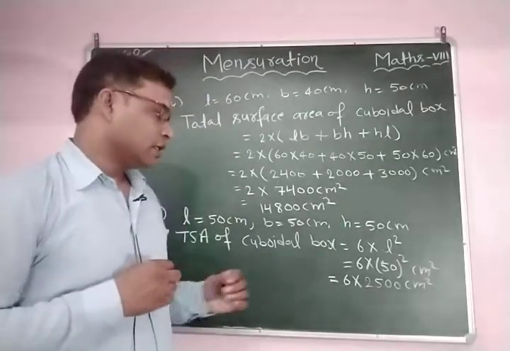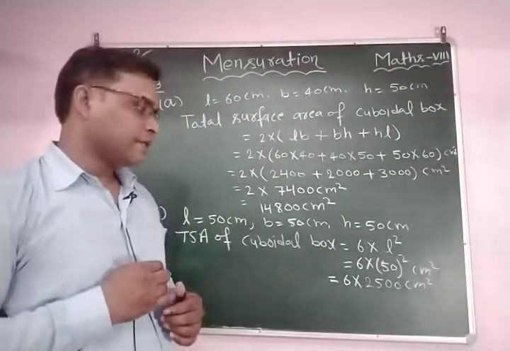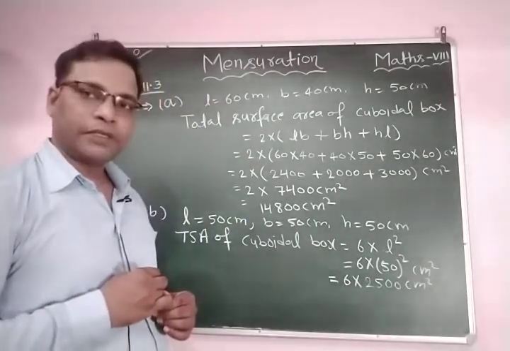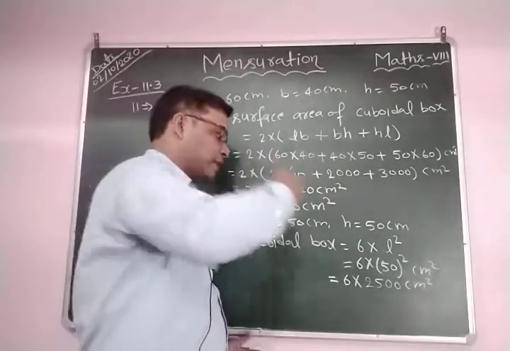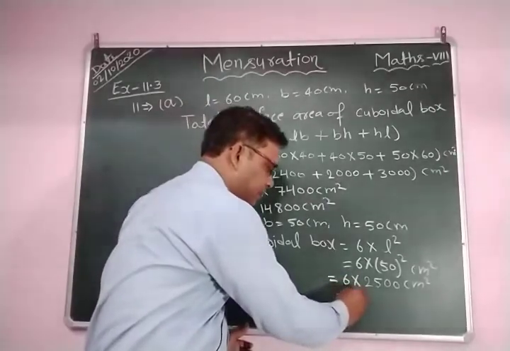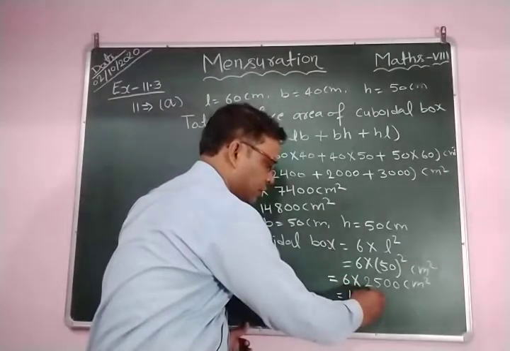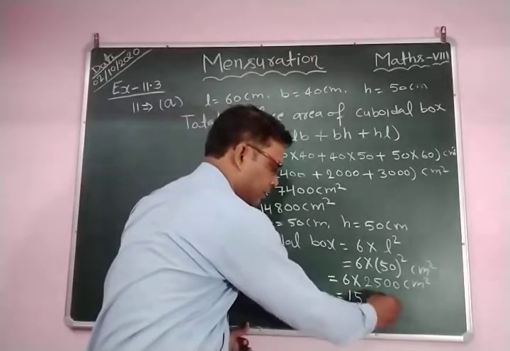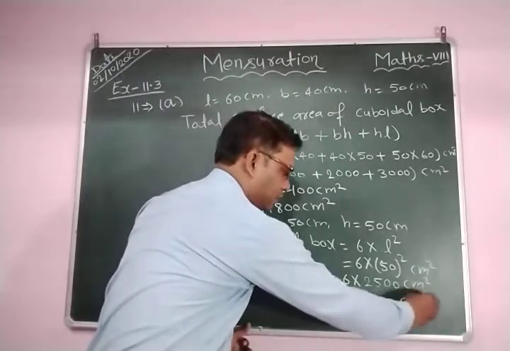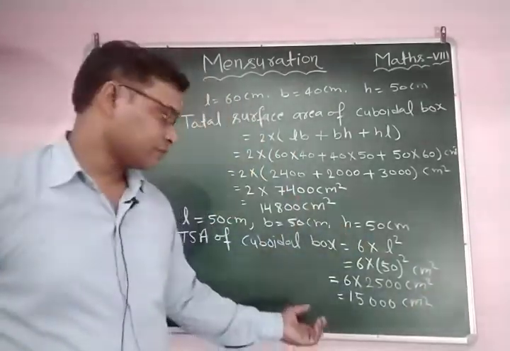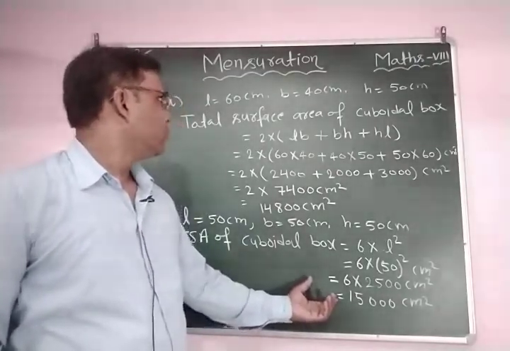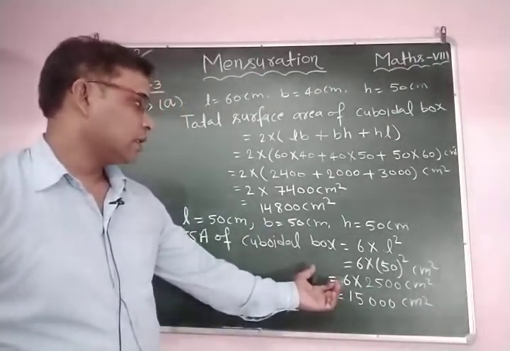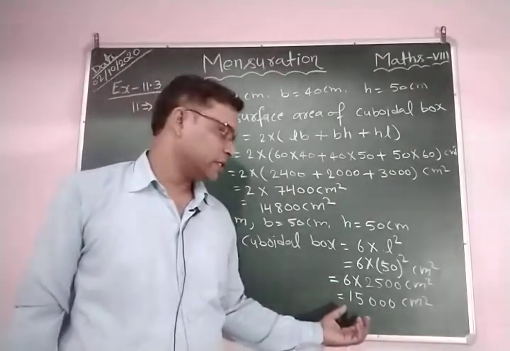Okay, if you multiply it, then we obtain 15,000. Okay, this is the area of the cuboidal box. What is the area of box B? Box B is 15,000 centimeter square.